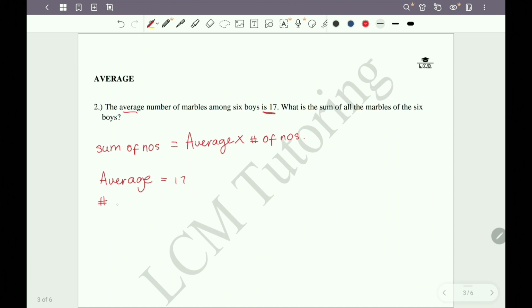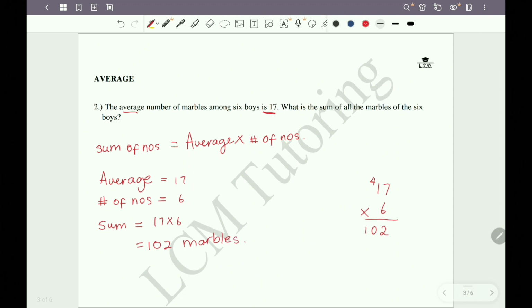And the number of numbers is 6. So the sum will be 17 multiplied by 6. And let's work that out here. 7 times 6 is 42. 1 times 6 is 6. And 4 is 10. So the sum is 102 marbles. Right?